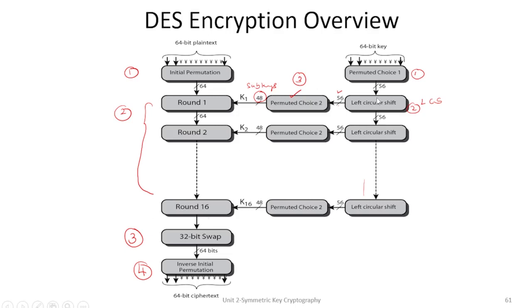At the key side, the initial 64-bit key is reduced to a 56-bit key with permuted choice 1. For subkey generation, we use a left circular shift on the 56 bits. To implement each round function, instead of 56 bits, we should use a 48-bit subkey, so we use permuted choice 2. So this is an overview of DES encryption. Thank you.